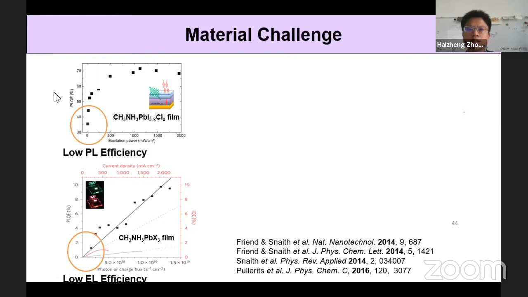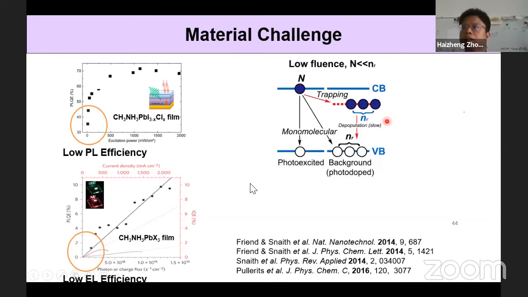The perovskite-based devices show very low PL efficiency at low excitation powers and a low EL efficiency at low current density. These phenomena have been explained by the existence of sub-bandgap defect states.